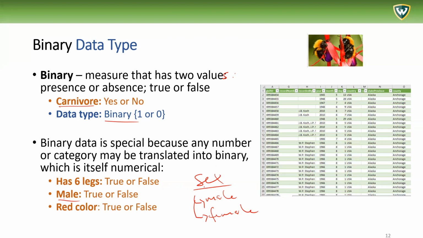Now, instead of that, we can get away with having the same information, but instead call this variable male, and then just say if it's 1 for yes or 0 for no. So we just turned a nominal variable into a numeric variable, and it's a beautiful thing and enables all kinds of interesting analyses and learning about the world.